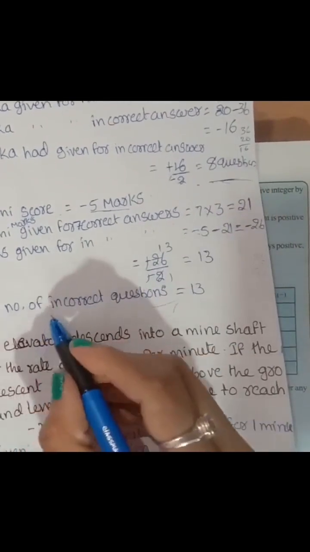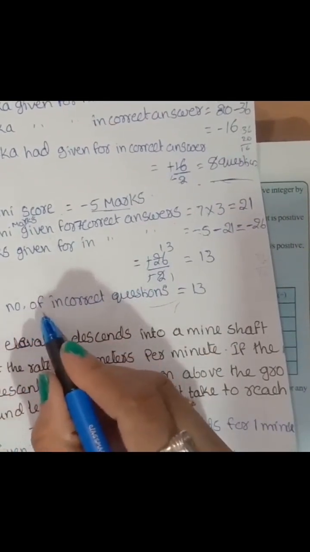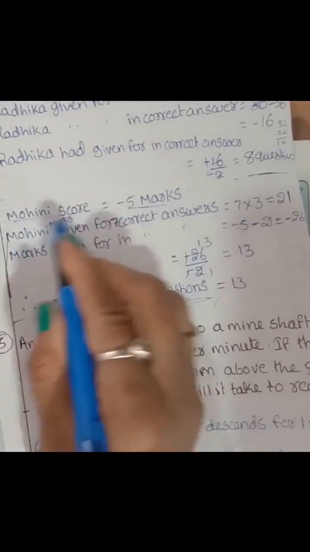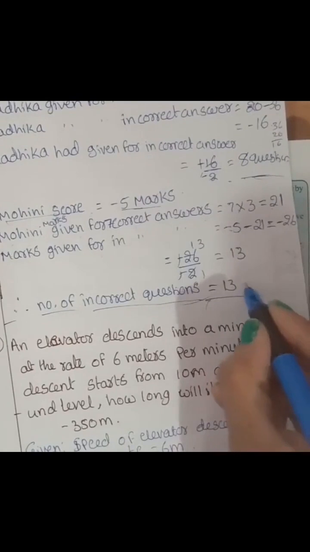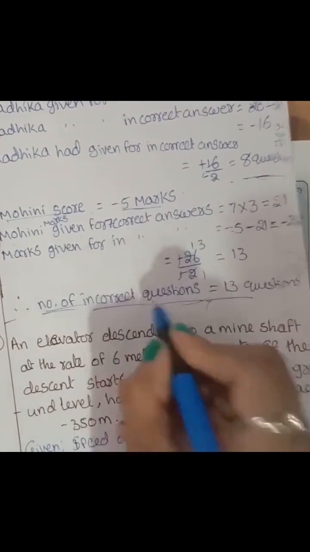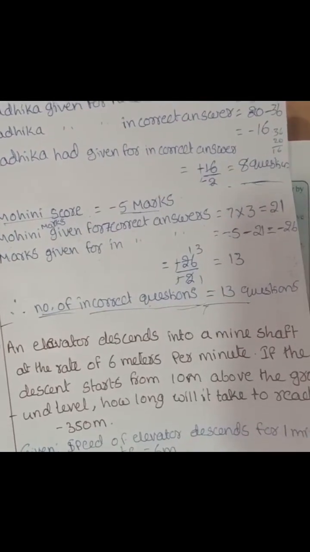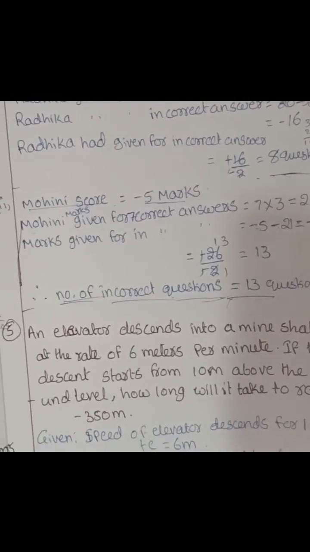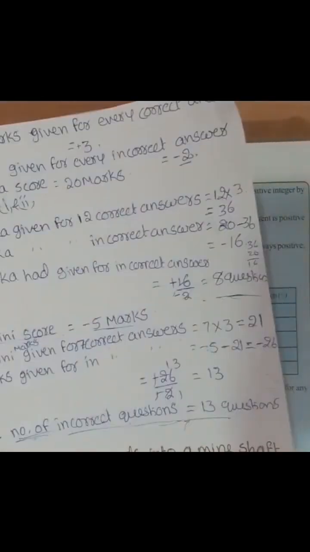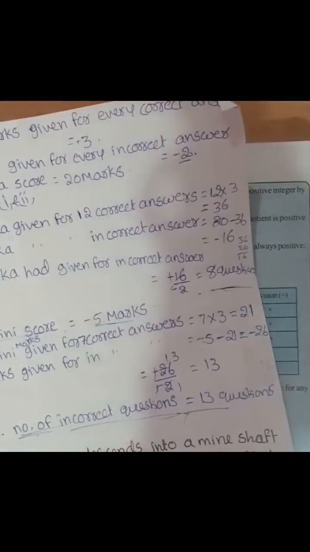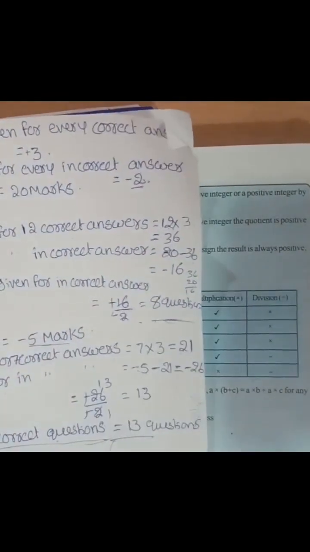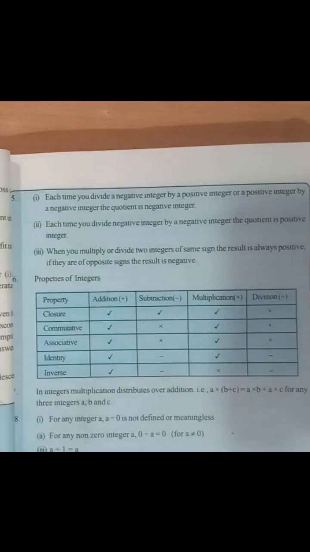Okay? This is the Moini one. The number of questions she attempted incorrectly is equal to 13 questions only. Okay, now have you understood, Gagan, neatly? Okay.